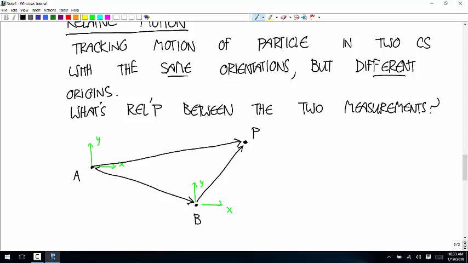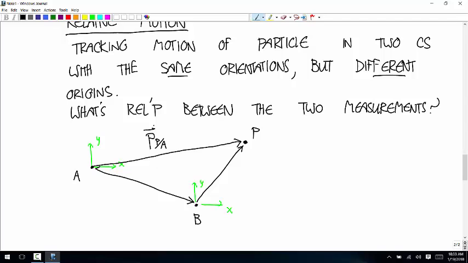That concept is easy to see graphically, but the wording of it is cumbersome. So we need a way to describe what you see according to one coordinate system and what you see according to another. We're going to call this vector the position of particle P according to A. Those are both subscripts, but we'll use a fraction notation.